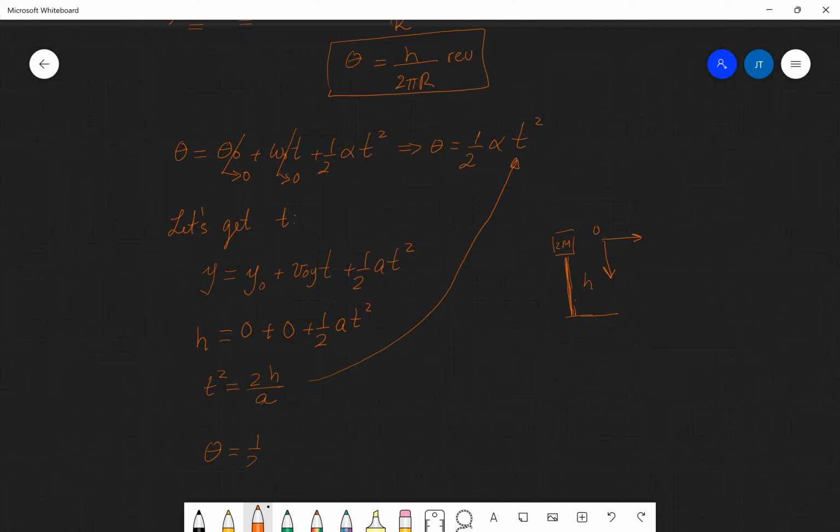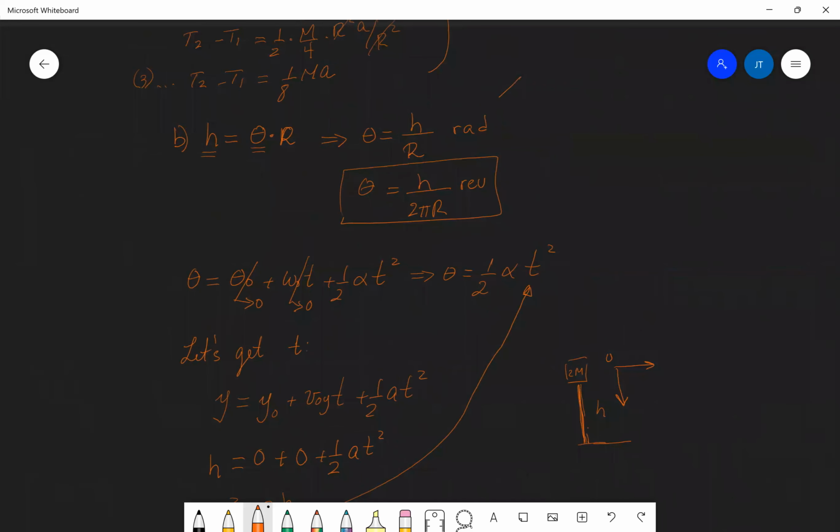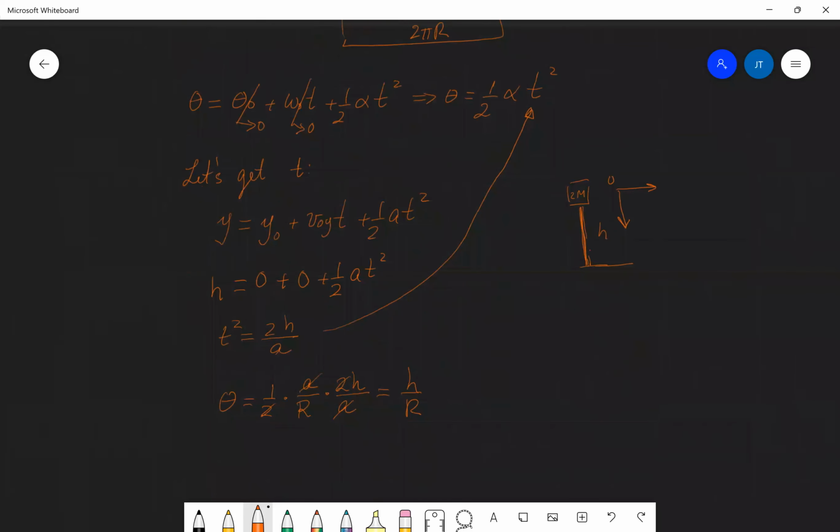So let's take this t squared and stick it in here to get theta. Theta equals 1/2 times alpha. Alpha is a over r times t squared, which is 2h over a. Okay. So a cancels, 2 cancels, we get h over r, which is right here. But again, remember, this is in radians.